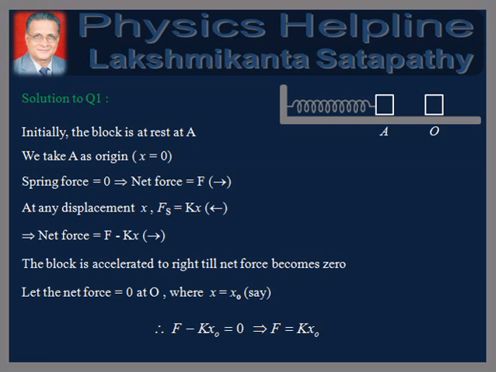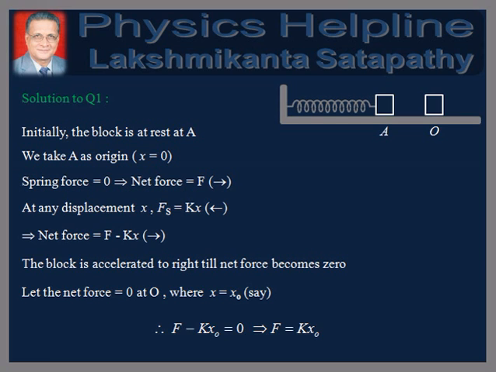Therefore, for any displacement x, the spring force increases to kx, which acts towards left. Therefore, the net force on the block is equal to F minus kx. The spring force increases constantly, hence the net force decreases, and for some displacement x equal to x0, net force becomes 0.